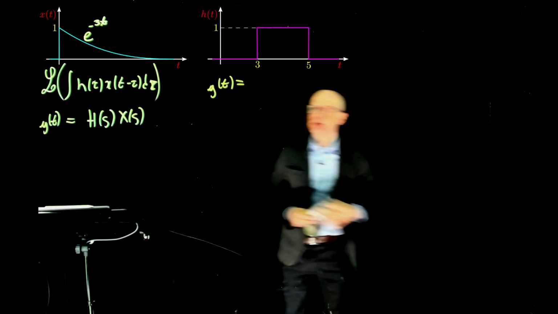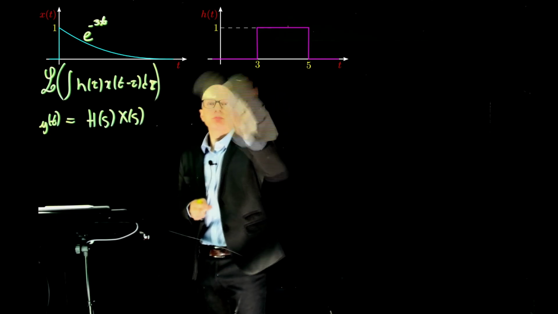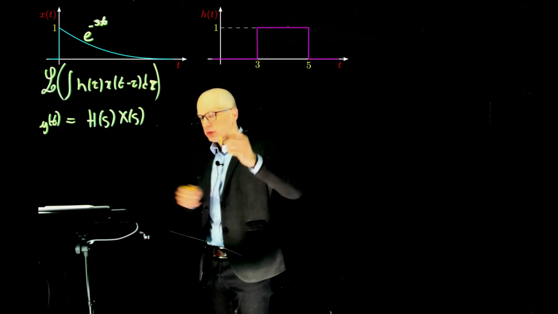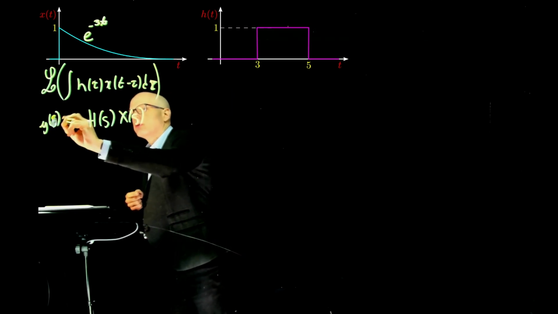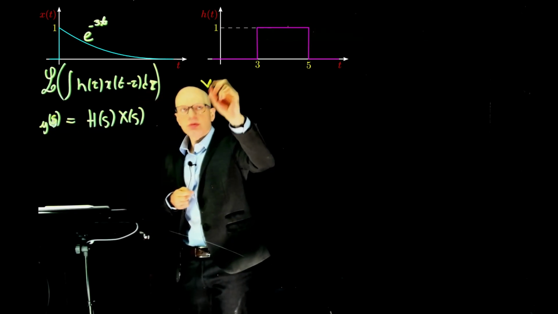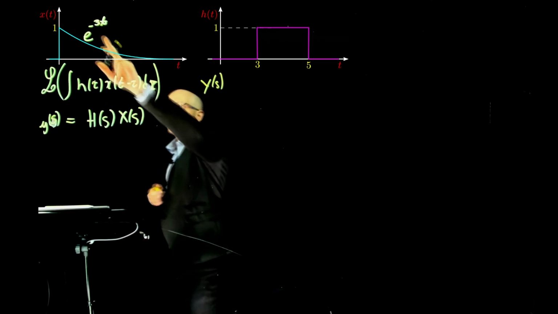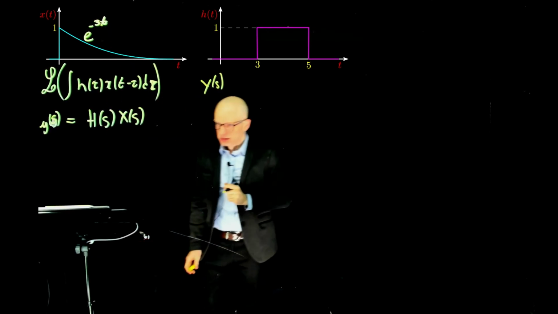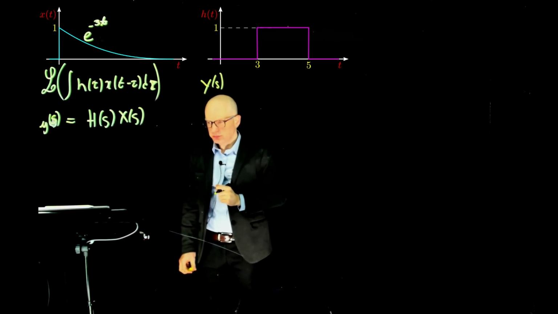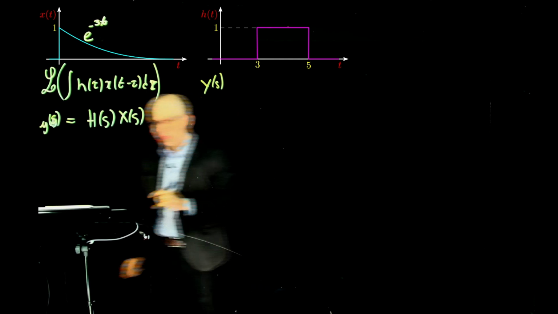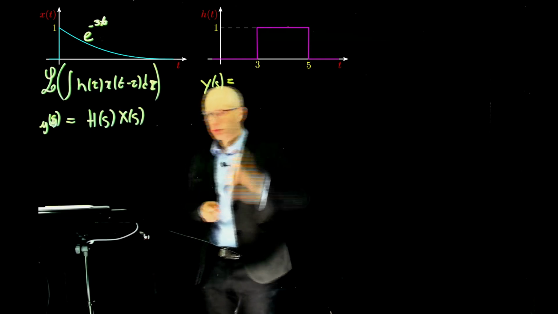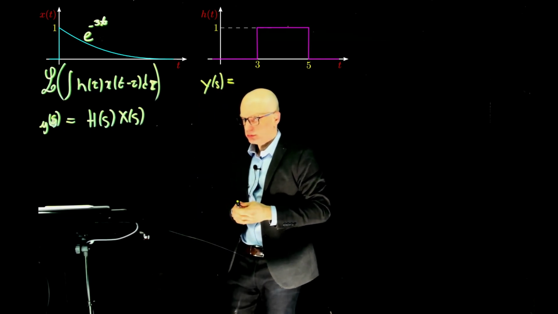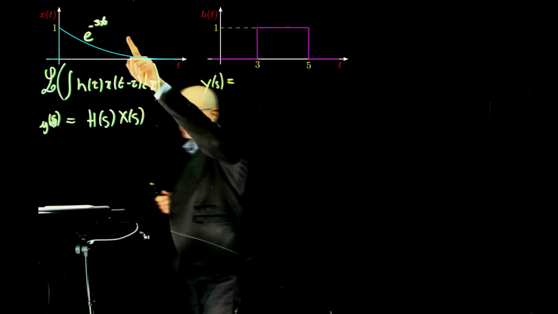From the table of Laplace transform, let's take the Laplace transform of that. So this is y of s, not y of t. So y of s is the Laplace transform of x of t. What is that? We are talking about this one.